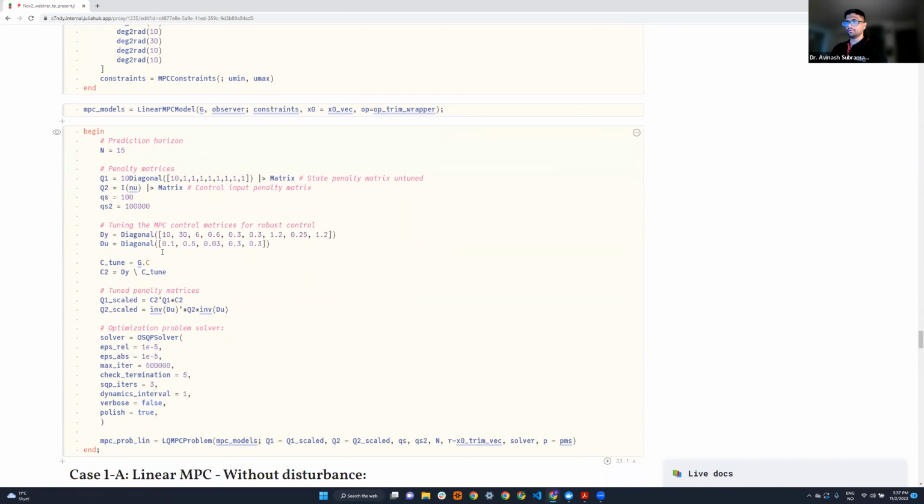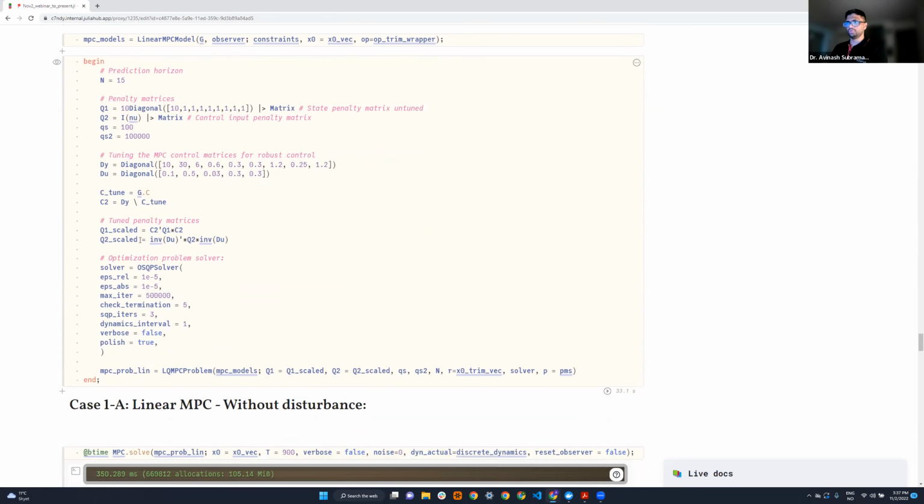We may also want to tune the MPC control matrices for robust control, and there's a tuning procedure presented in the previous webinar. With the scaled, tuned penalty matrices, we would put this into this LQ MPC problem. This would take in the models as well as the other matrices.